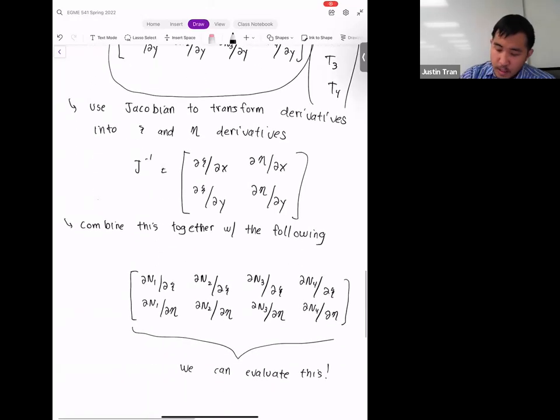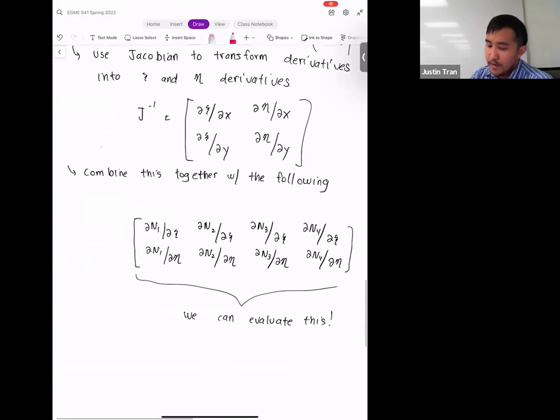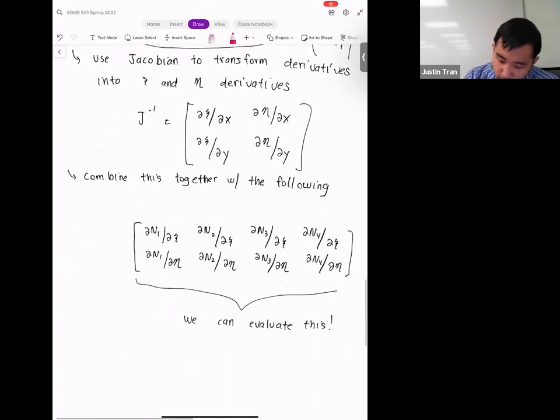Well, let me do this. Together with this matrix down here that we can evaluate, let me combine it with the Jacobian inverse. Let me plop this right here, and I'm going to pre-multiply this by our Jacobian inverse.